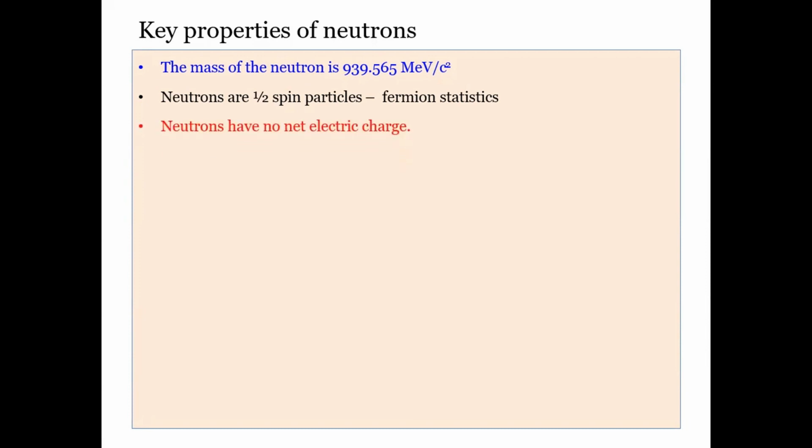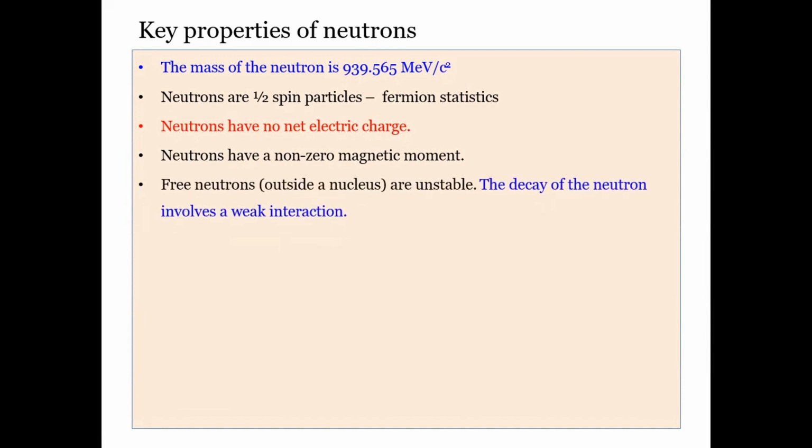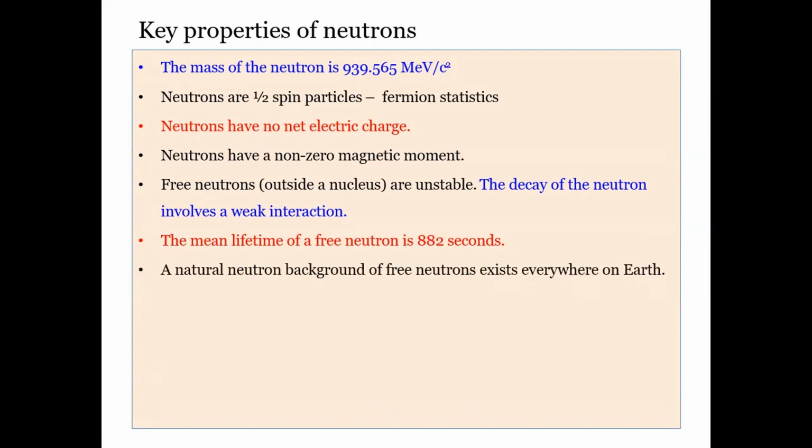Neutrons have no net electric charge, but they have a non-zero magnetic moment. The free neutron outside the nucleus is highly unstable. It will decay through the weak interaction. The mean life of the free neutron is about 882 seconds. A natural background of free neutrons exists everywhere.